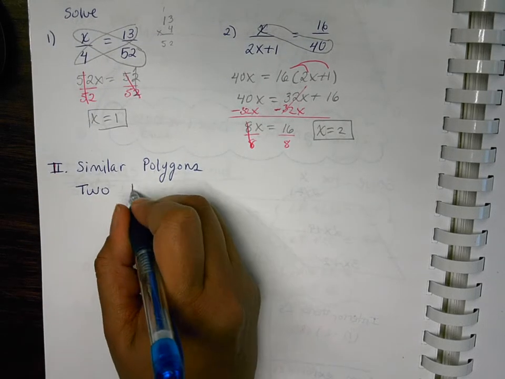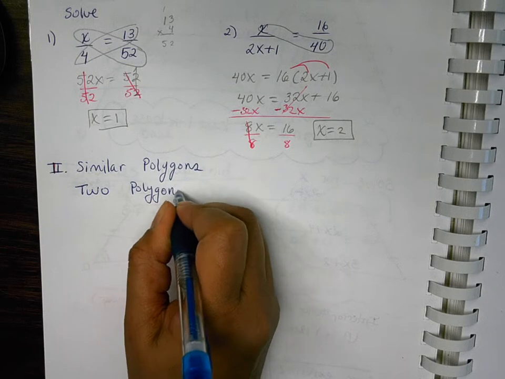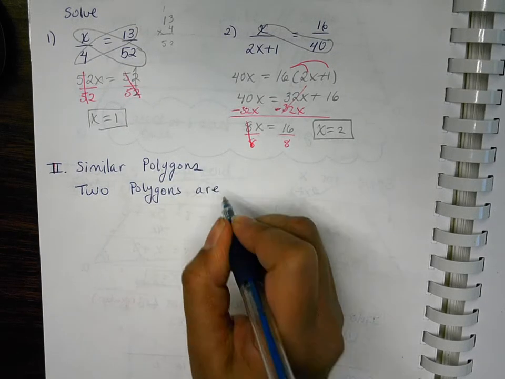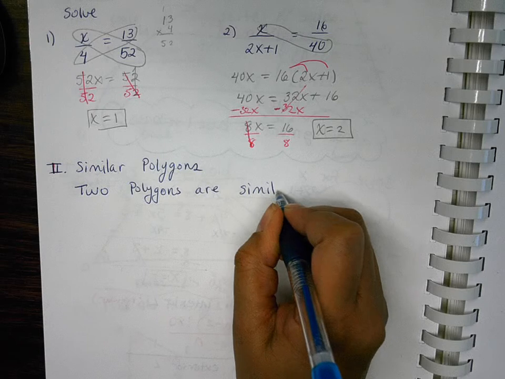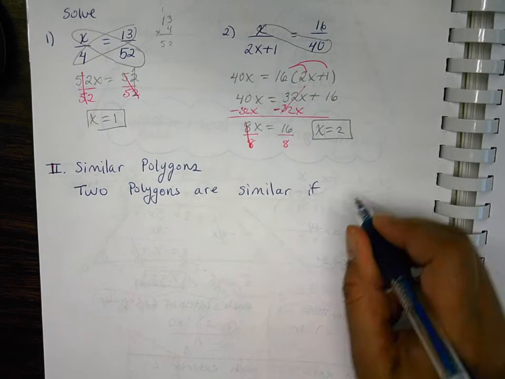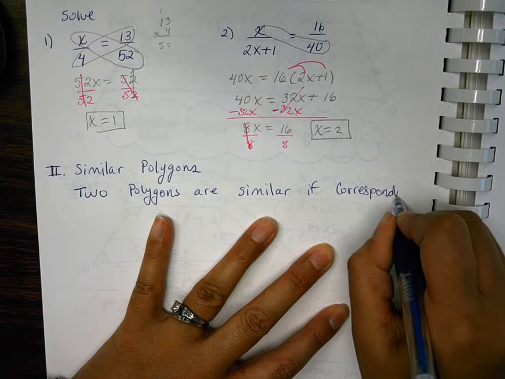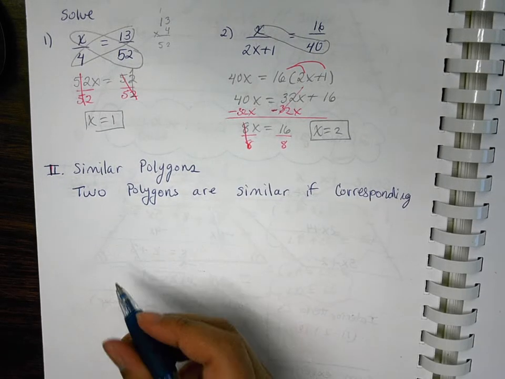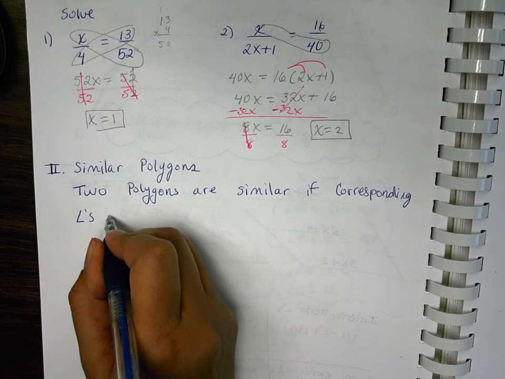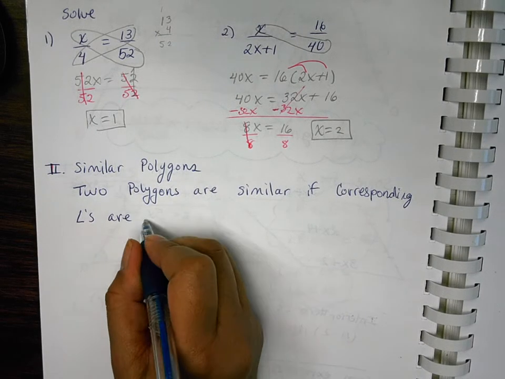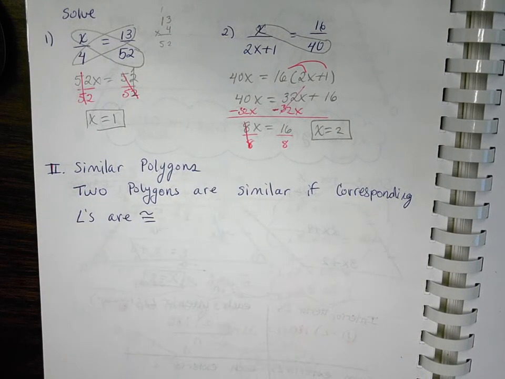Two polygons are similar if corresponding angles are congruent. And there's more to it, but let's get that down first. Two polygons are similar if corresponding angles are congruent.